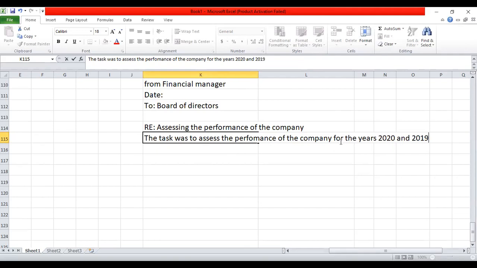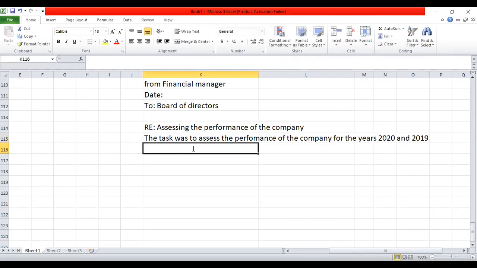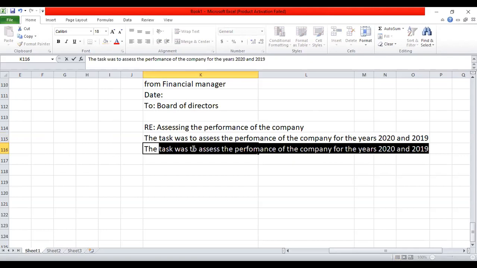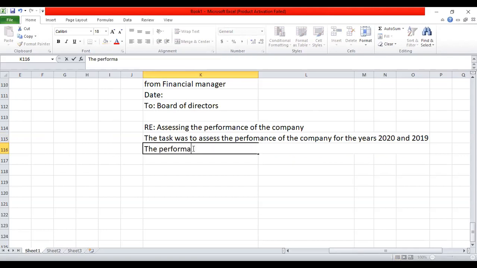Also, 2020 in comparison to the industrial ratio. So the performance was assessed using ratio analysis.